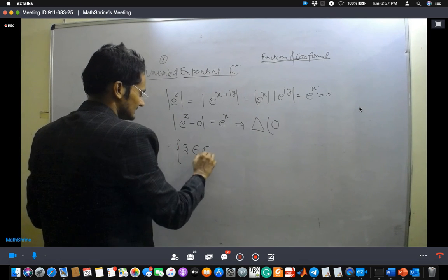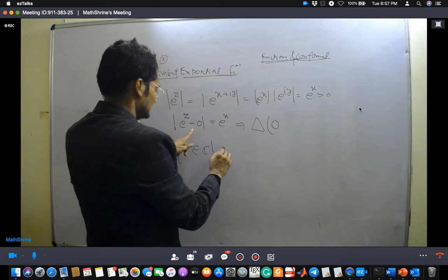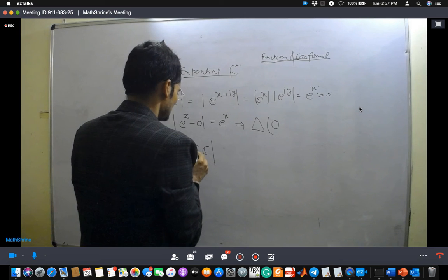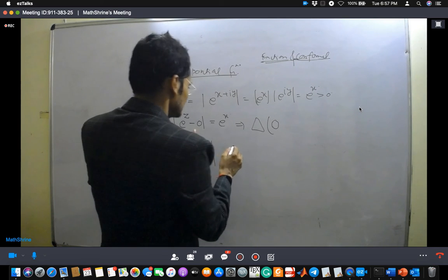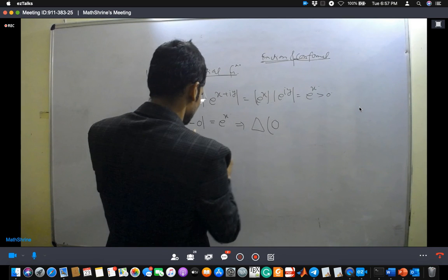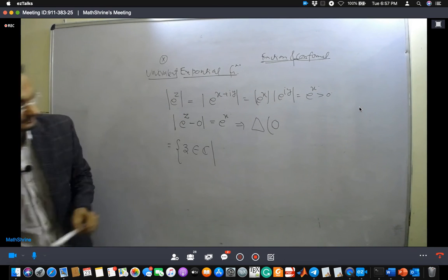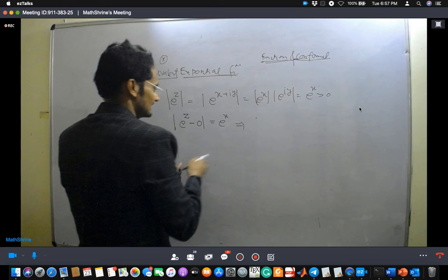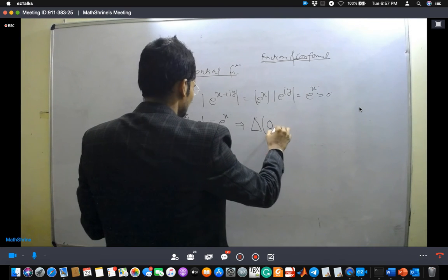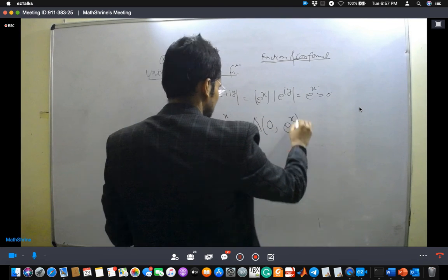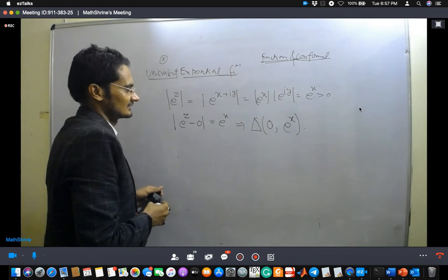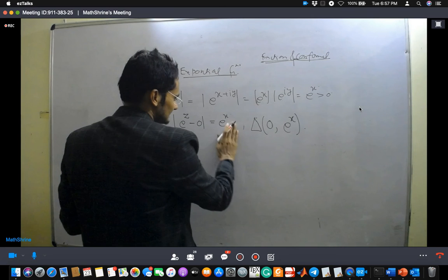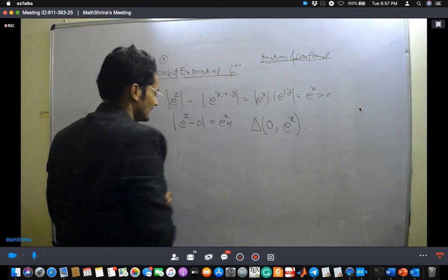Yes, this is a disk with center 0 and radius e^x. The distance from 0 of e^z and 0 should be like this, so the collection of all those belongs here. Or if you have a problem, do not write this. I want to tell something else.